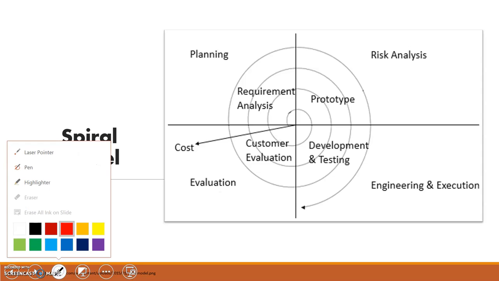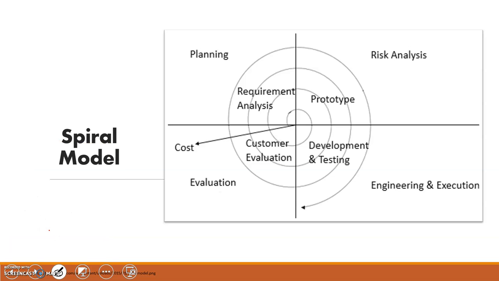So here, as you can see, it is divided into four sections: planning, risk analysis, engineering and execution, and evaluation. Of course, we know each and every phase of SDLC.